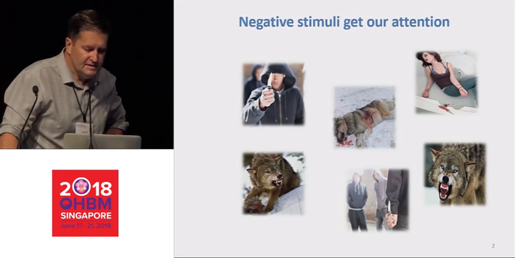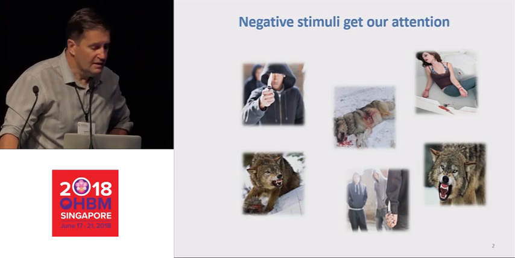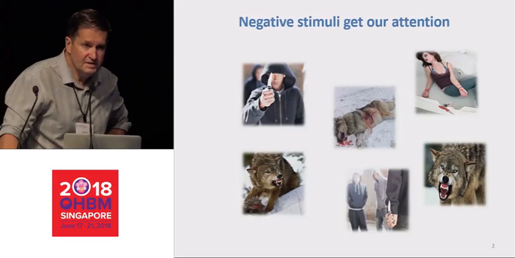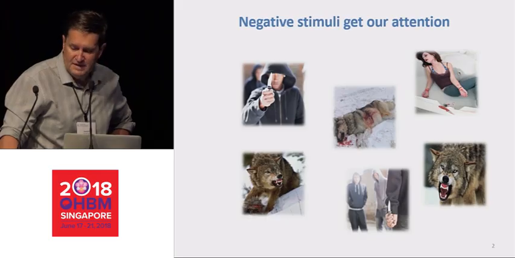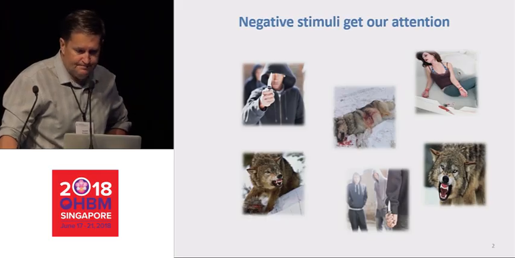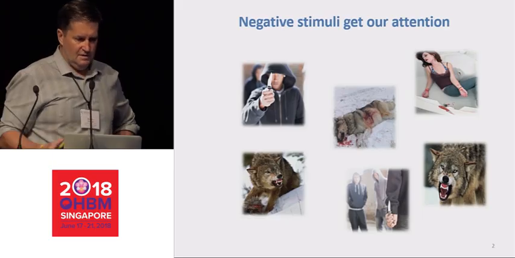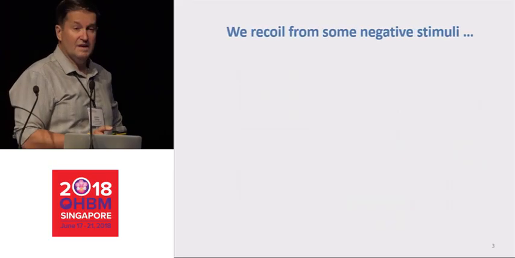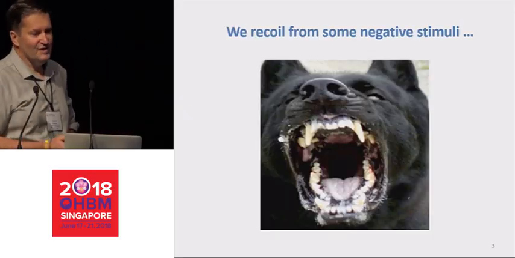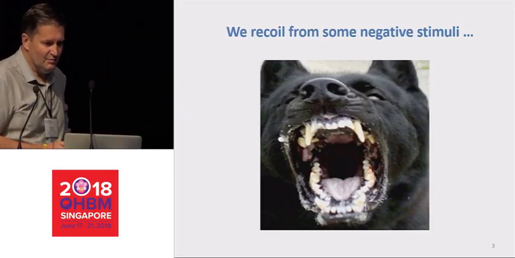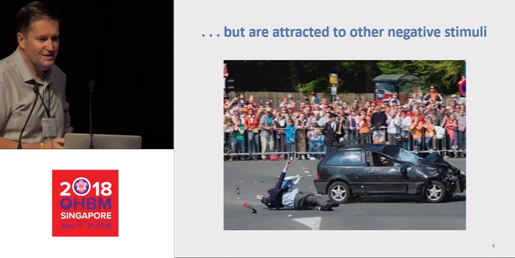But our reactions to various types of negative stimuli differ depending on the stimulus itself, its contents, and even our internal state. So, for example, we recoil from some negative stimuli, but are attracted to other negative stimuli.